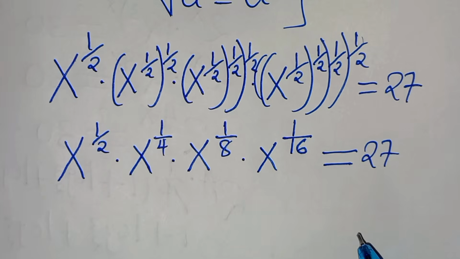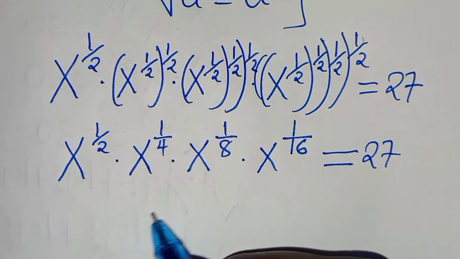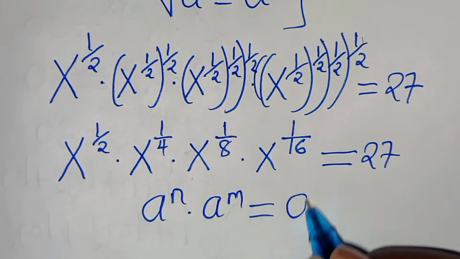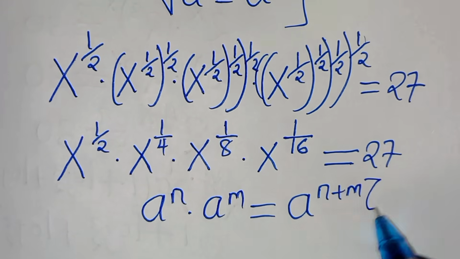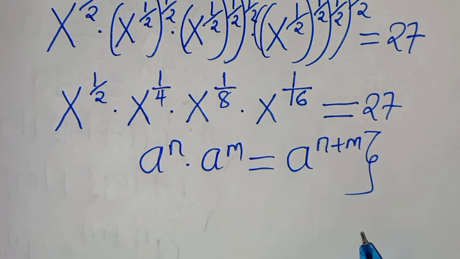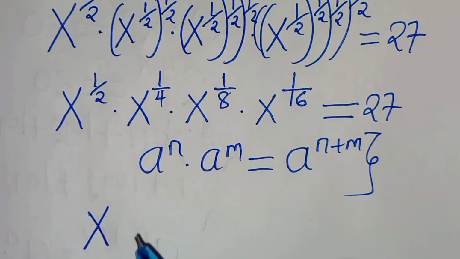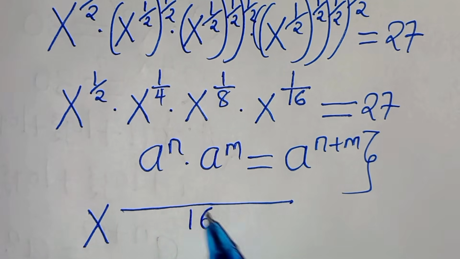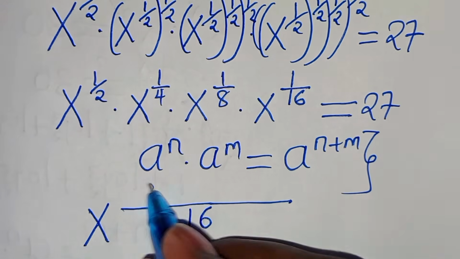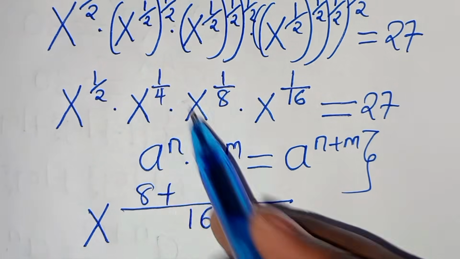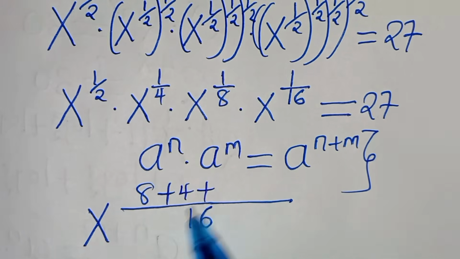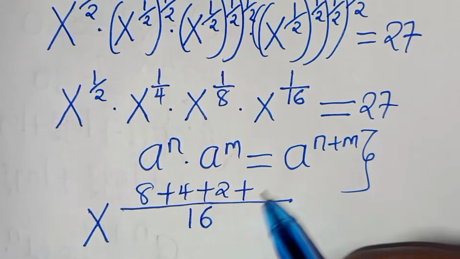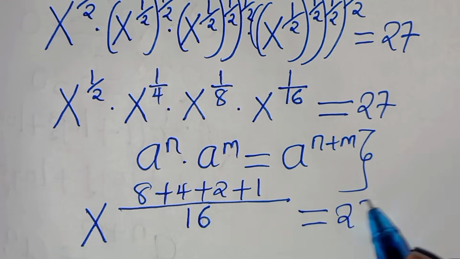Now, the next step from here, we have that this is in the form of a to the power of n times a to the power of m, which can be expressed as a to the power of n plus m. Applying this exponent property, this is x to the power of, we have the LCM here, which is 16. 16 divided by 2 is 8 times 1, this is 8, plus 16 divided by 4 is 4 times 1, this is 4, plus 16 divided by 8 is 2 times 1, which is 2, then plus 16 divided by 16 is 1 times 1, this is 1, and this is equal to 27.